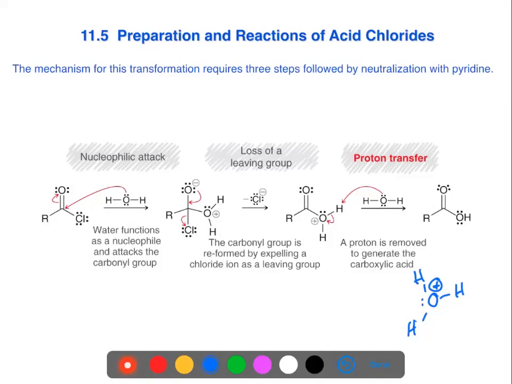So recall that pyridine has this structure. Pyridine being a weak base, it's going to remove the acidic proton from the hydronium to give you a water molecule and the pyridinium.